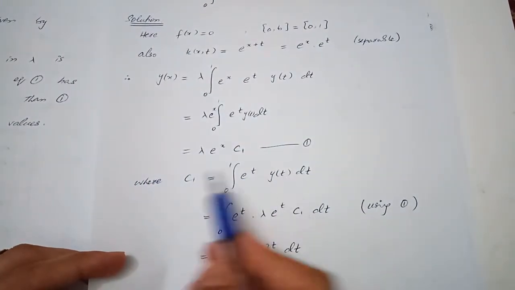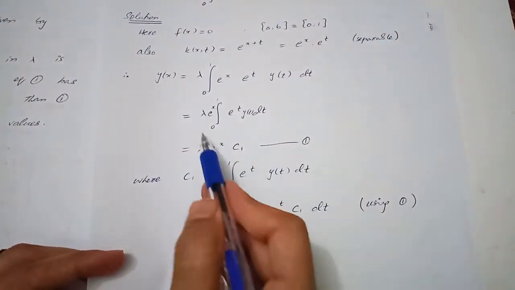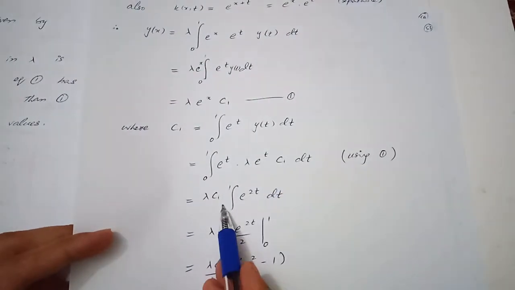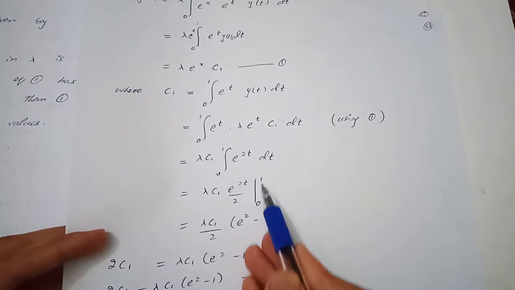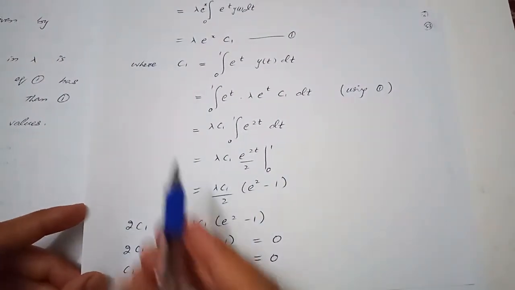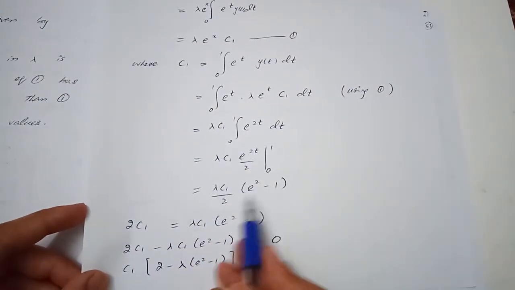So your y of t will be lambda e to the t c1. You have used this equation here. After using it here, take all the constants outside and just integrate it. After integration, apply the upper limit and the lower limit of the integration, and you will get this equation as c1 equals lambda c1 over 2 times (e squared minus 1).